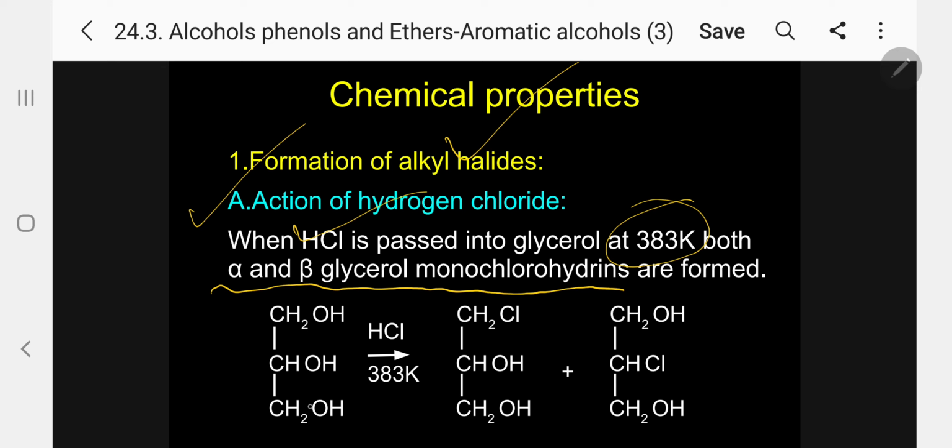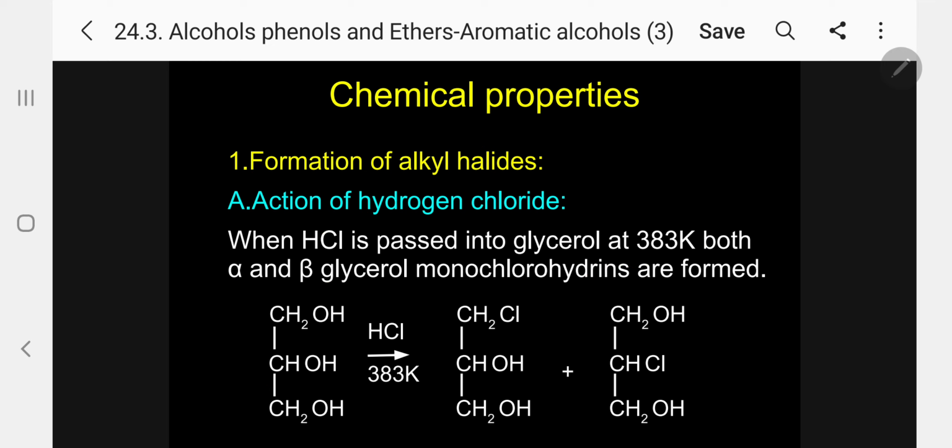In this structure, two primary alcoholic groups and one secondary alcoholic group are present in glycerol. So when you treat with HCl at 383 K, first one chlorine is substituted at the primary position, plus the other mixed center CHCl. So this is alpha, another is beta, glycerol monochlorohydrin.